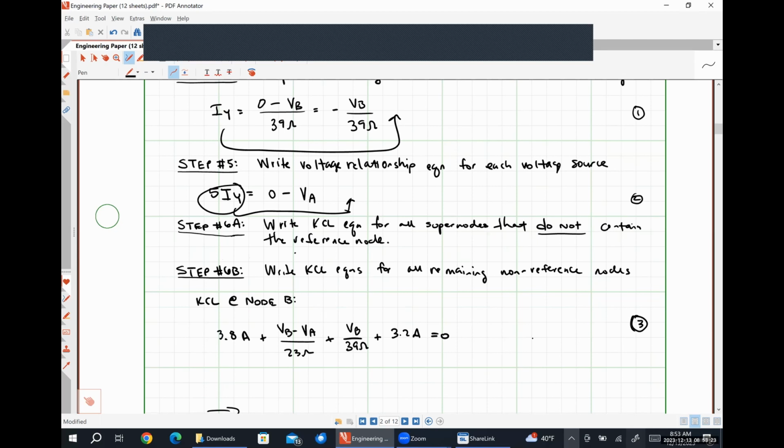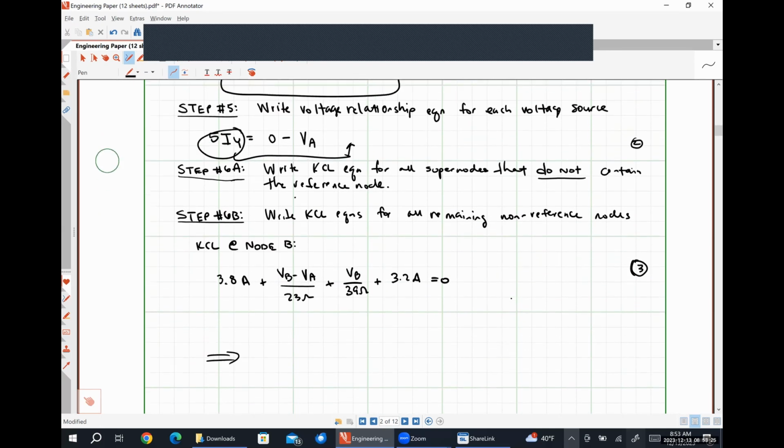Solving this system, I found VA to be -805 over 57 volts, or -14.123.